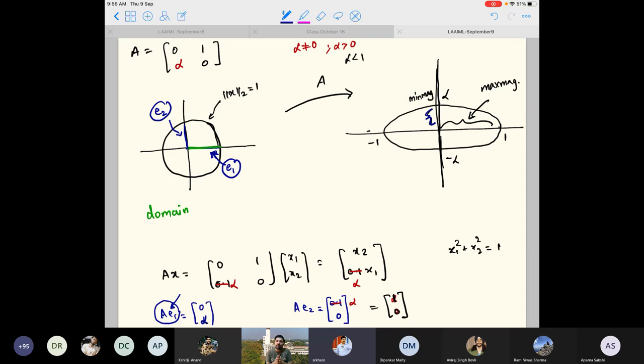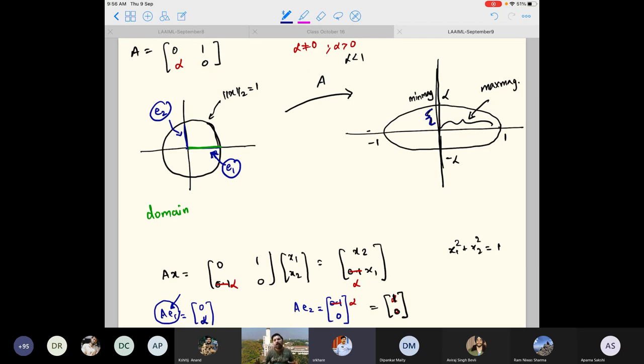In fact, what we will show, unfortunately not today because time is up, is that the condition number is actually equal to this ratio, maximum magnification of A divided by minimum magnification of A. We'll actually prove that the condition number is this particular ratio. Once you understand this, what we are looking at is how the unit circle becomes an ellipse and how bad this ellipse is, bad in the sense of the ratio of maximum to minimum magnification.